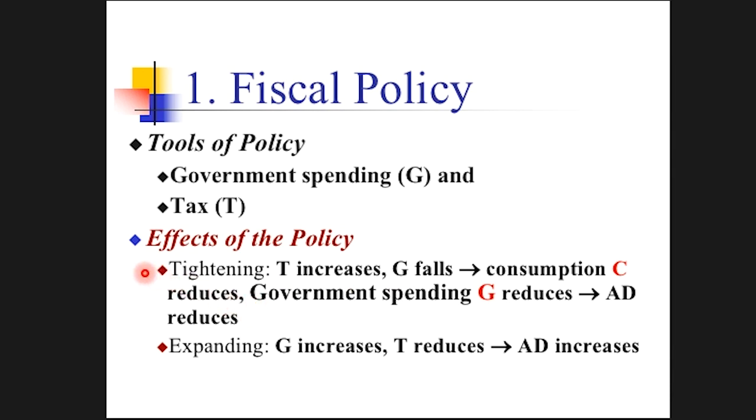This policy is called tightening policy or contractionary policy. Vice versa, when we change government spending and tax to lead to an increase in AD, this policy is called expanding policy or expansionary policy.